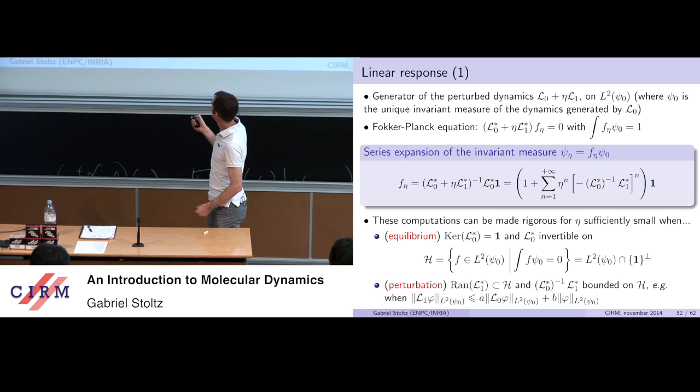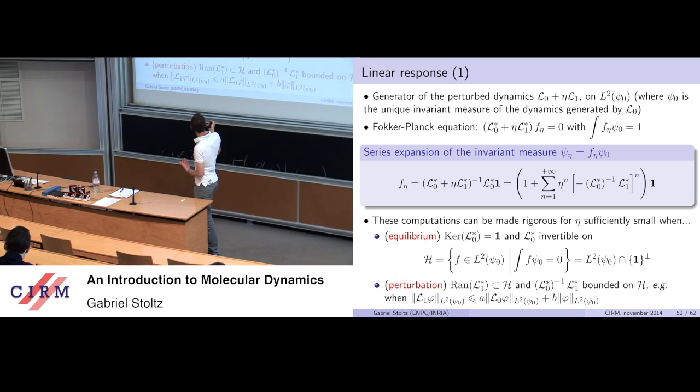What can be shown, when this perturbation L1 is sufficiently small, is that you can write down a series expansion of the non-equilibrium measure around the equilibrium measure as an infinite series. At leading order, it's 1. That simply expresses the fact that at leading order, the invariant measure is still very close to psi naught.